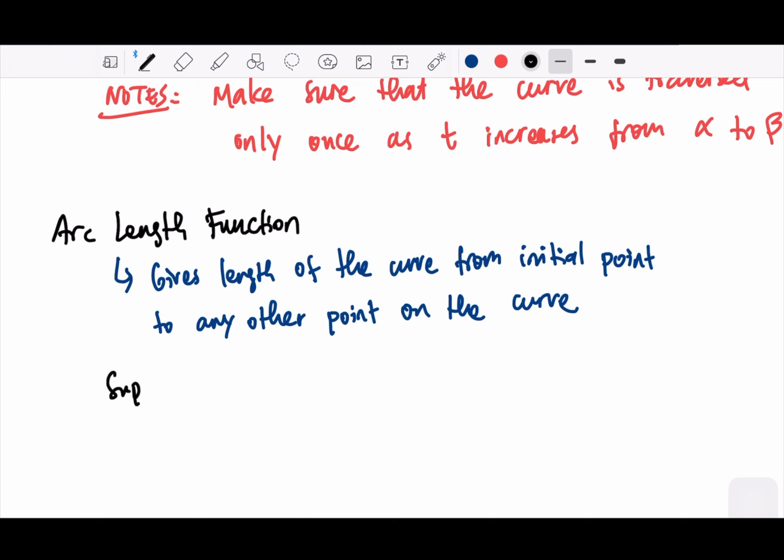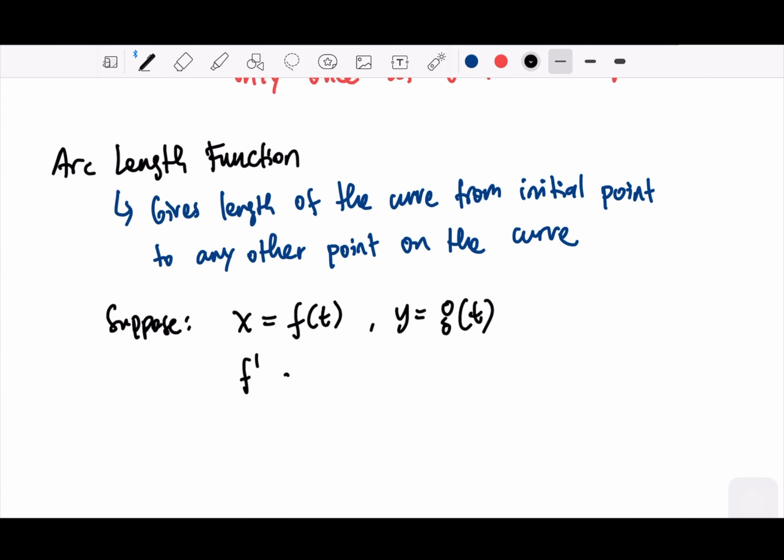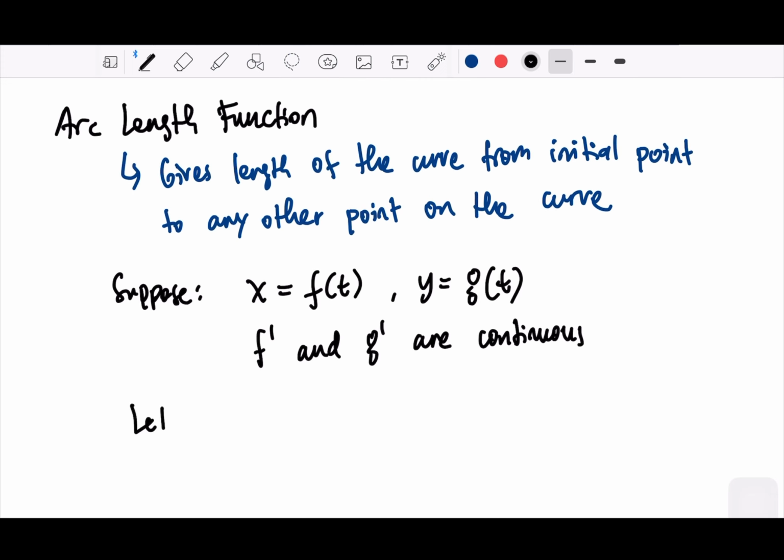Let's say, suppose x is a function of t, y is also a function of t, with, let's say, function g, and we set the first derivative to be continuous, and we let s(t) be the arc length along the curve.